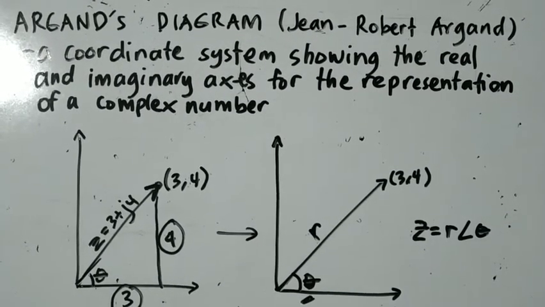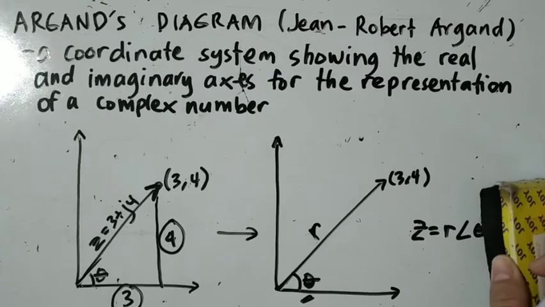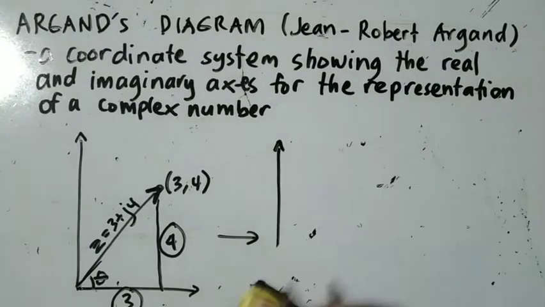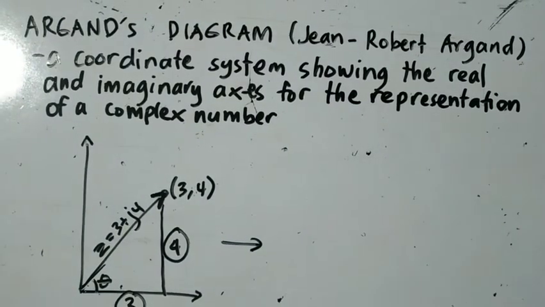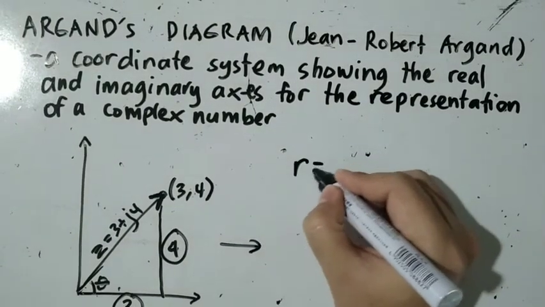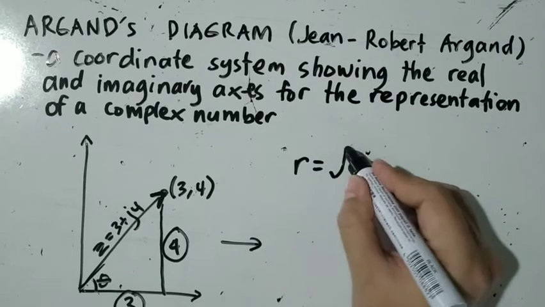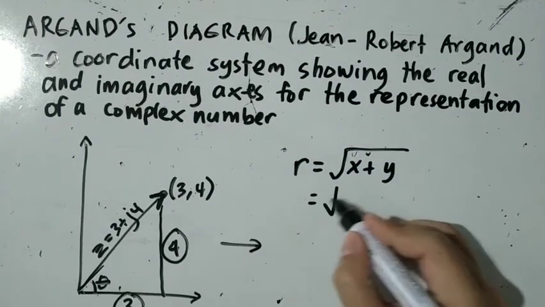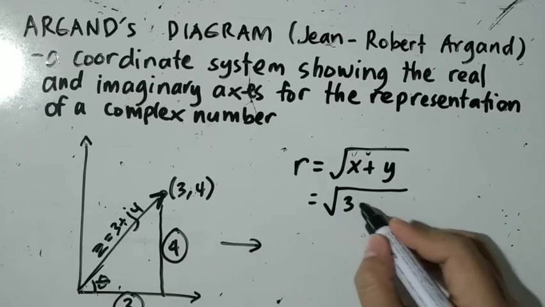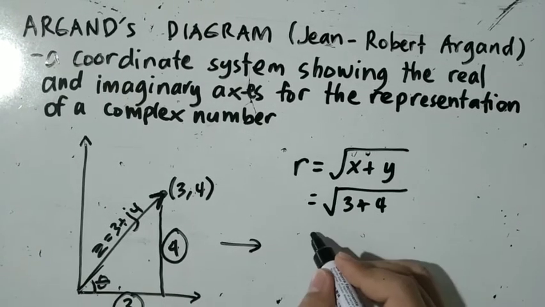Now let's try to convert 3 plus j4 into its polar equivalent. The first thing we do is get our r, and r is simply equal to the square root of x squared plus y squared, where x is equal to 3 and y is equal to 4.